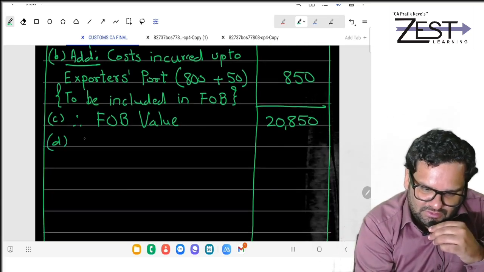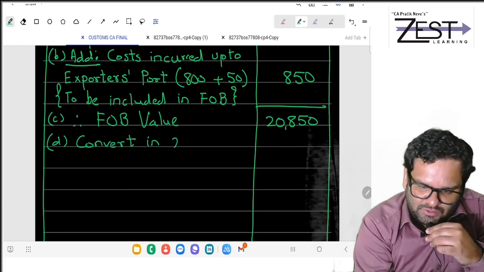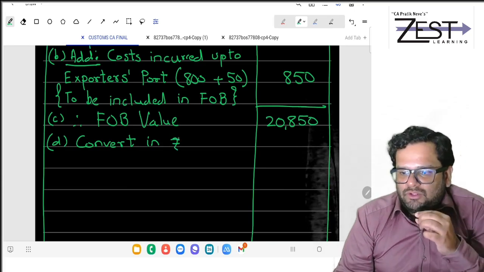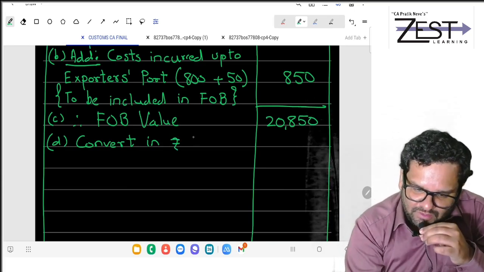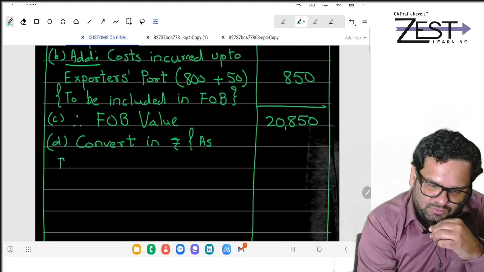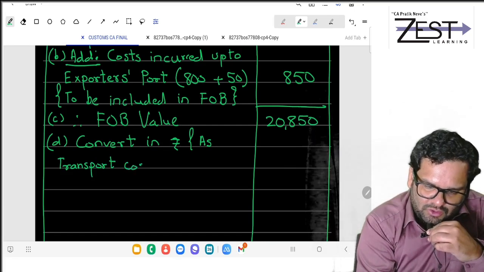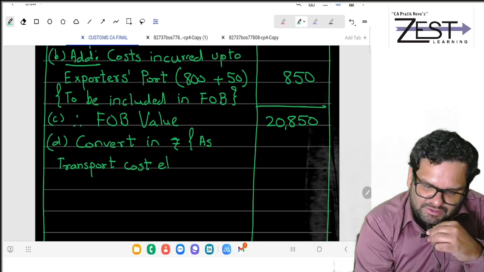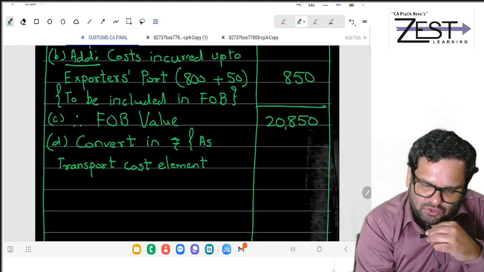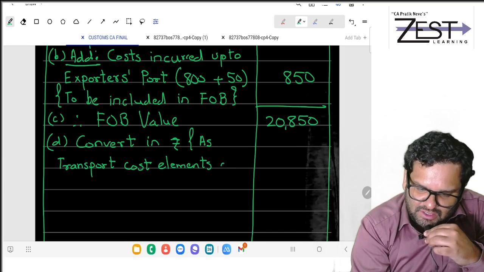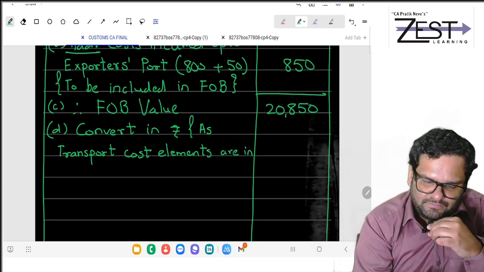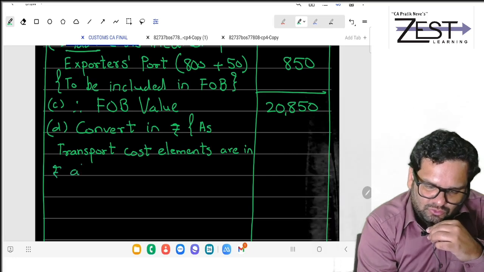D point, convert in rupees. So afterwards you will get a doubt why you have converted in rupees at this stage only. So convert in rupees as transport cost elements, there are three elements in transport cost, are in rupees also. So how are you converting?